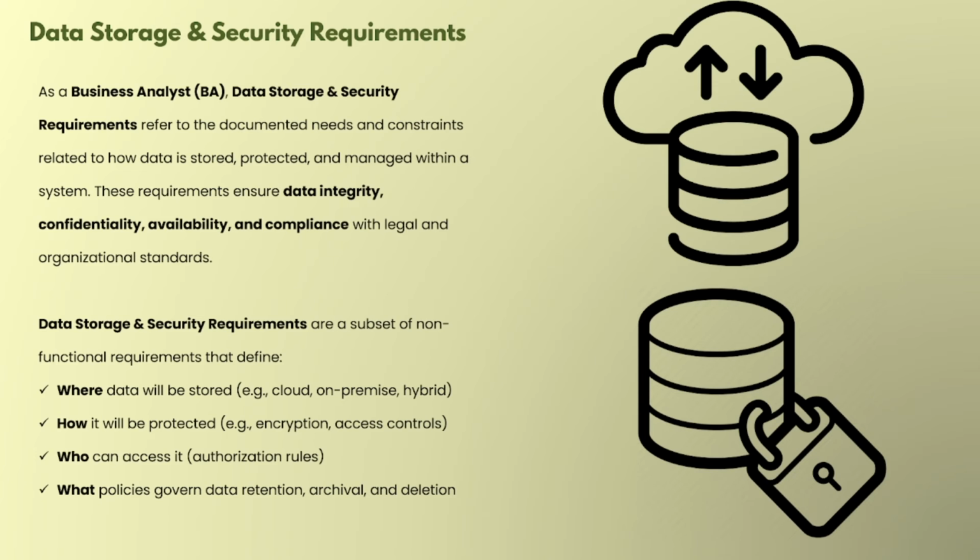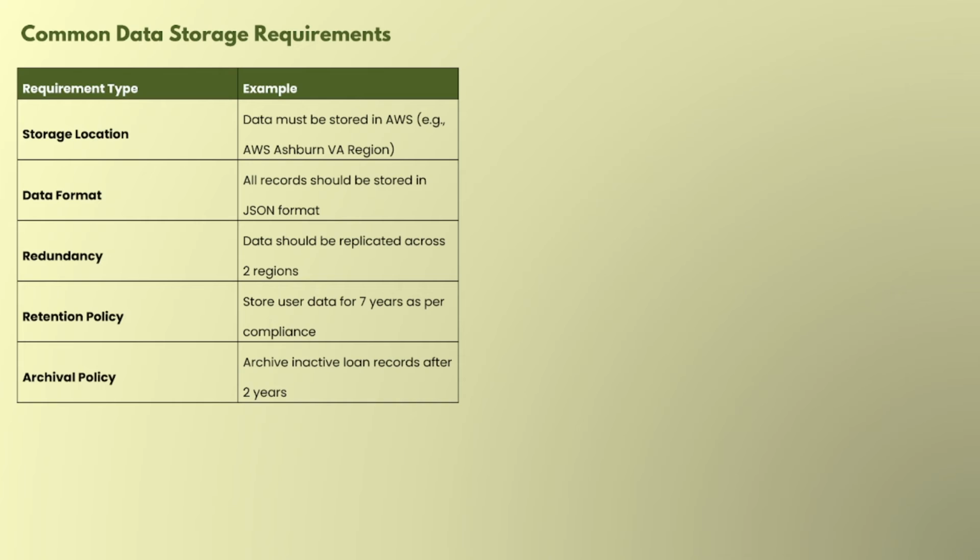Let's go deeper with this particular thing with an example. Whenever we go to the stakeholder to collect the data storage requirements, we generally divide it into requirement types: storage location, data format, then redundancy, then retention policy, then archival policy. On the basis of that, we gather the requirements from the stakeholder.